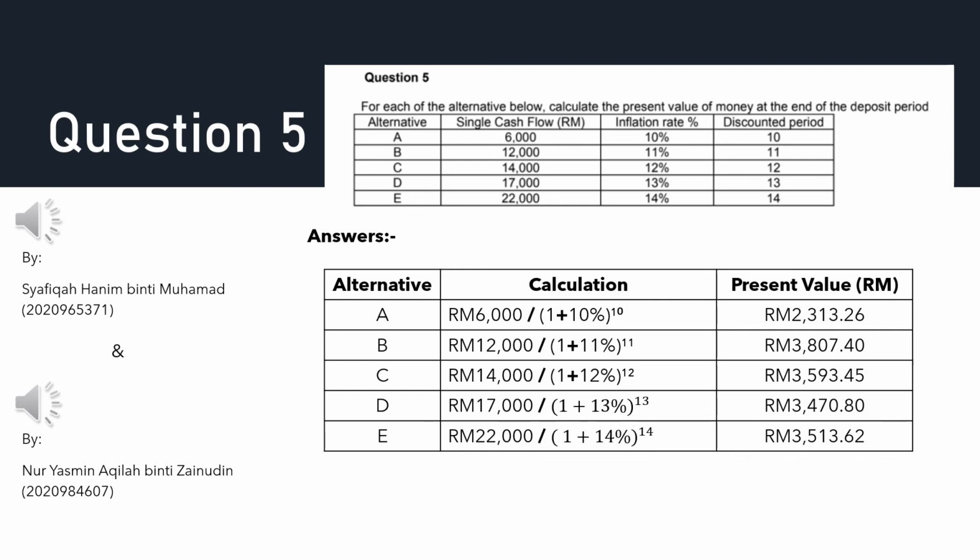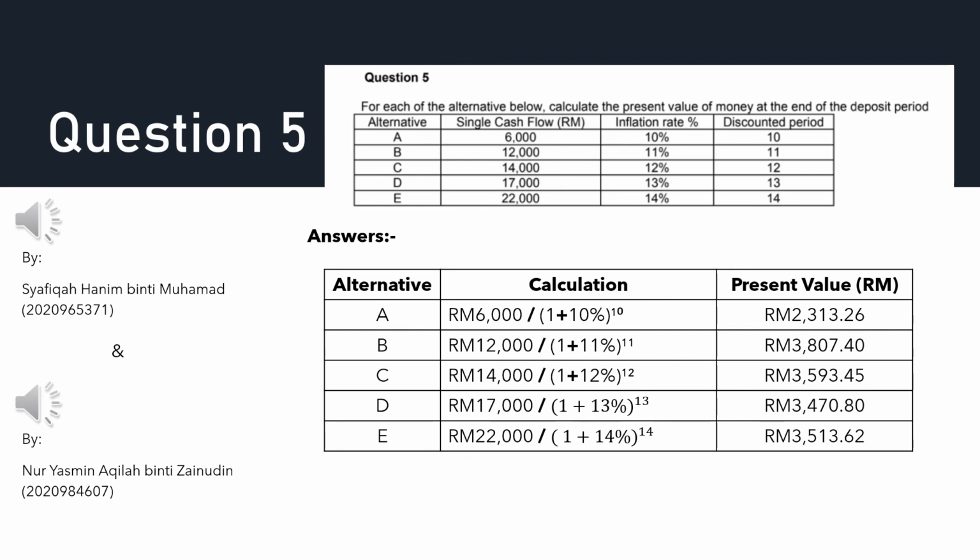I will continue with alternative D, where the single cash flow is 70,000 ringgit divided by 1 plus the inflation rate of 13% to the power of the discounted period 13, and the answer is 3,470.80.